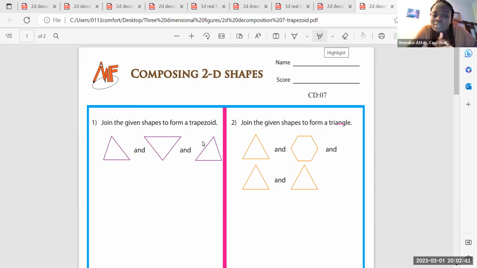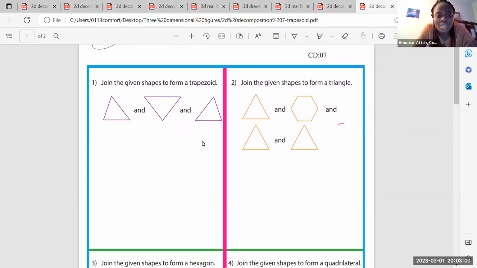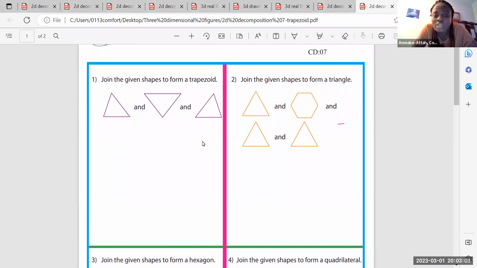Okay, so now we are going to compose and decompose 2D shapes. Let's see this. We have the first question: how do we join these shapes to form a trapezoid?